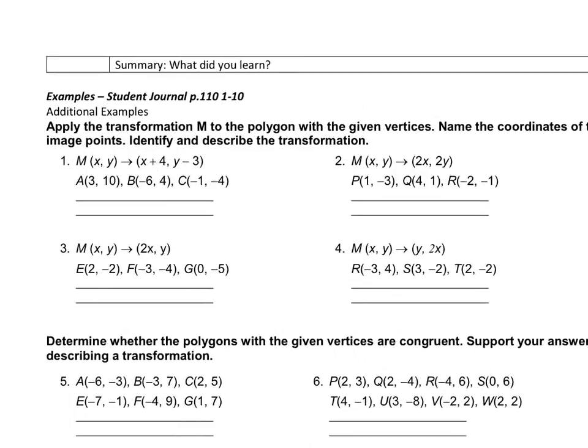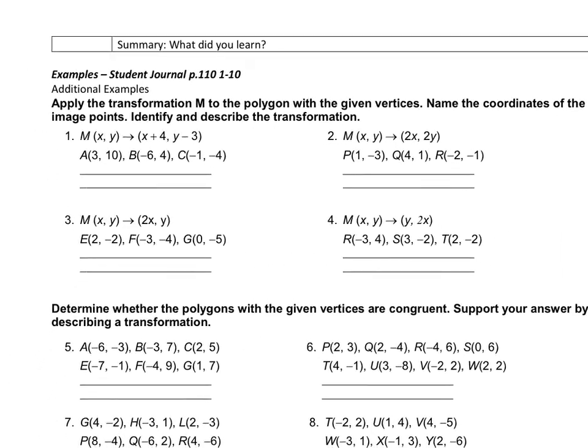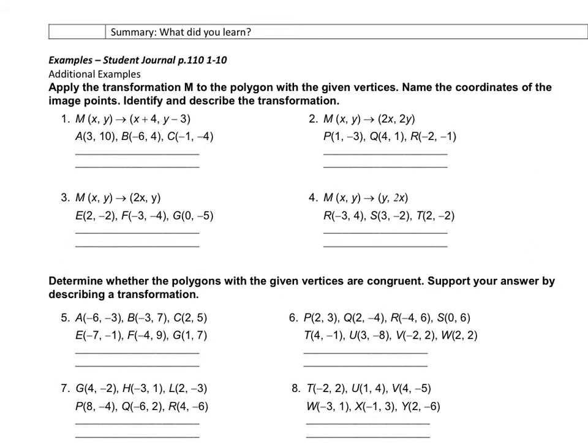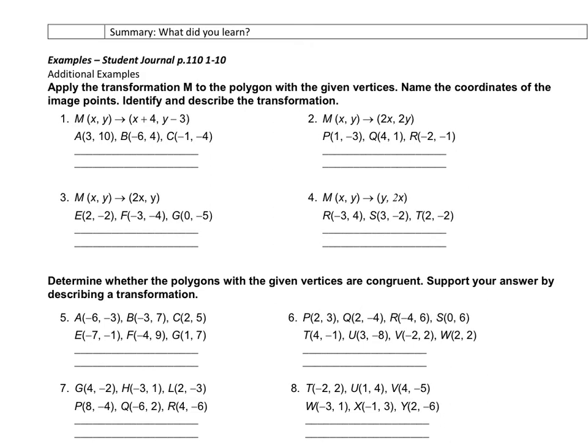All right, so we will do these student journal problems in class, but let's do a few additional examples here. On these questions, for number 1, it says point M is x, y, and we need to make this transformation and find out what the new M is, such that x, y maps to x plus 4, y minus 3. They want us to find the new points.